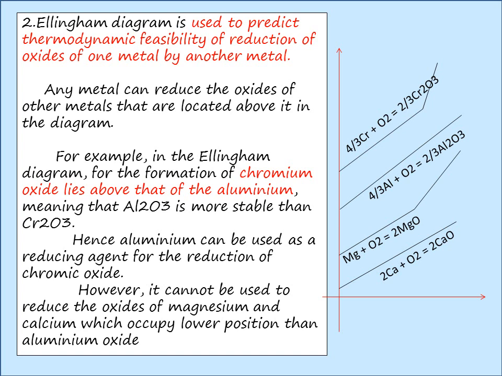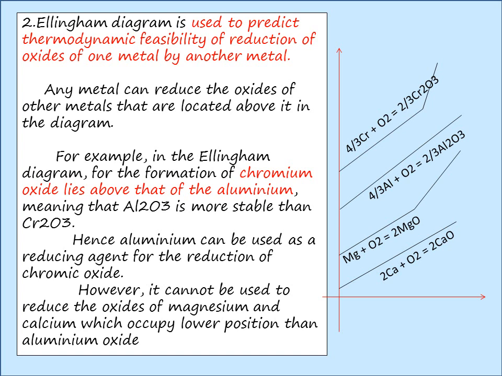The actual fact is low reduces high. That means any metal lying at the bottom portion of the Ellingham diagram is capable of reducing the metal oxides lying above it, which means calcium can reduce magnesium oxide, aluminium oxide and chromium oxide. Magnesium can reduce aluminium oxide and chromium oxide.